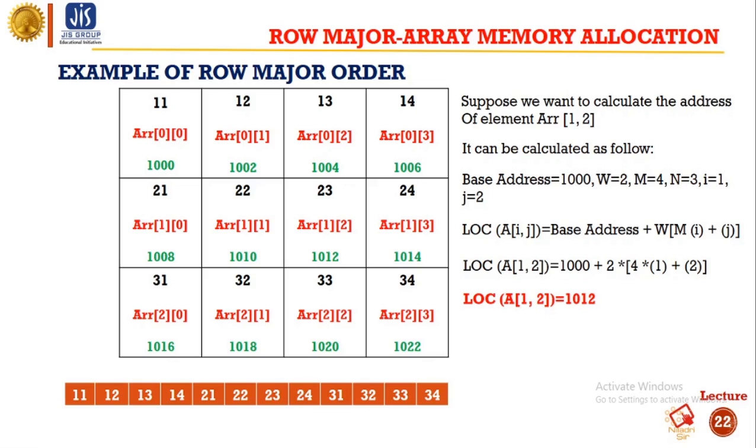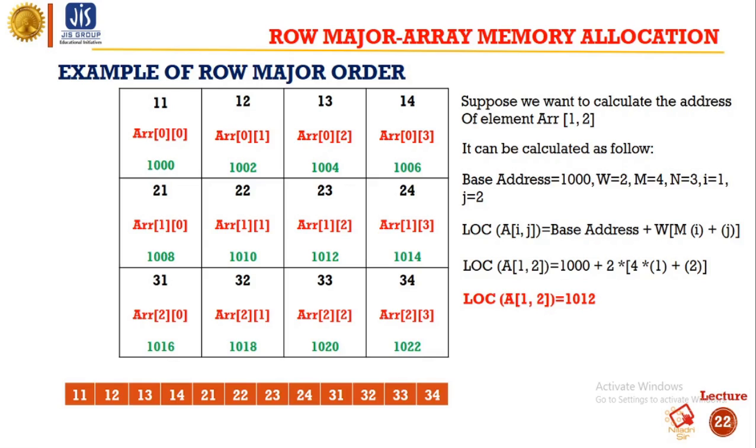Okay, so I am again discussing how to find out. As you can see, array elements are given here. ARR 00, 01, 02, 03, 10, 11, 12, 13, 20, 21, 22, 23. These are the index values.